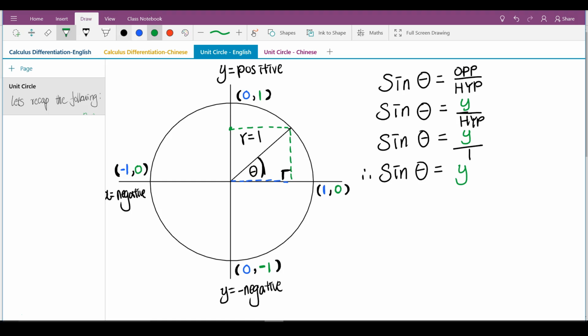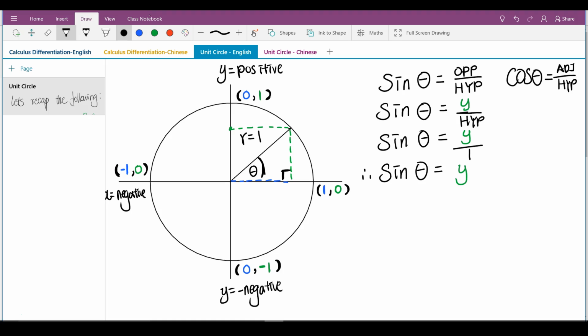Okay, so let's just do one more. Let's go cos theta. Now cos theta is equal to adjacent over hypotenuse. I'm not going to make a mistake again. Now, adjacent with respect to this particular angle is actually the x-coordinate of the point here.